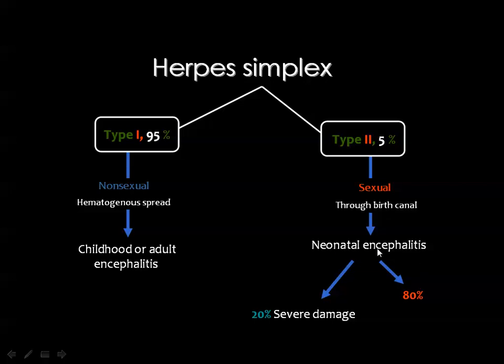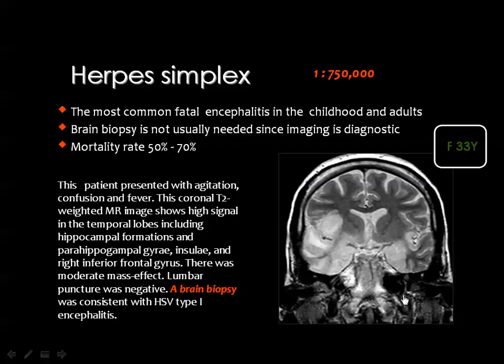It causes neonatal encephalitis, and this will result in death in about 80% of the cases, and the remaining 20% may show severe brain damage. Then herpes simplex is the most common fatal encephalitis in childhood and adult patients.